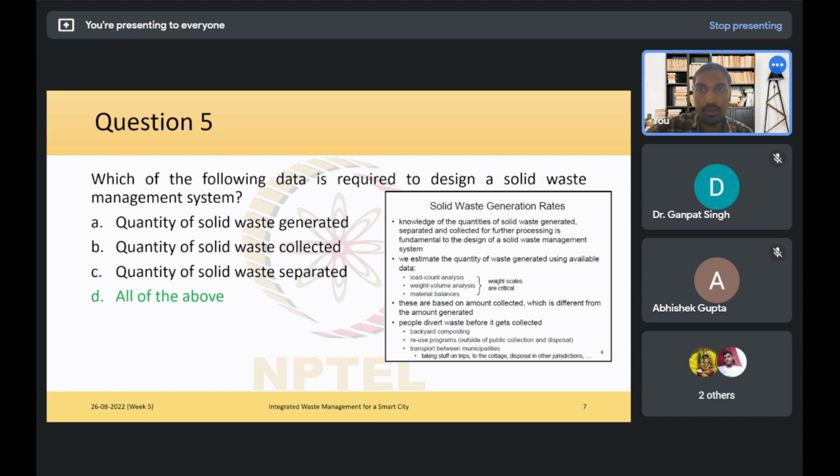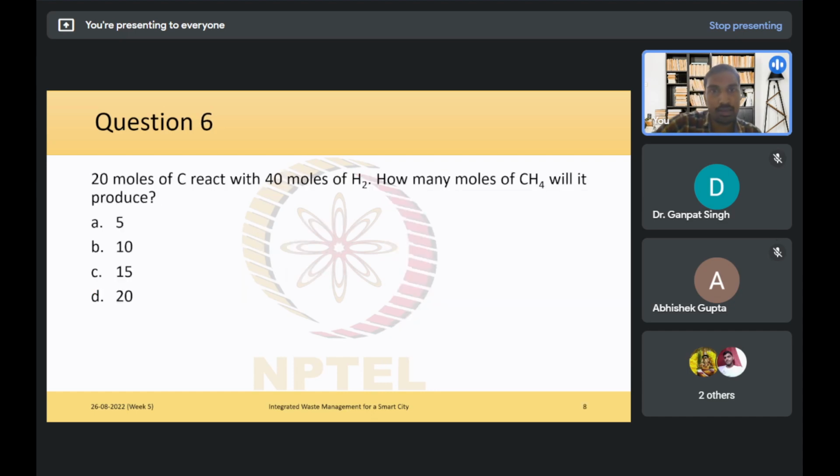All right. Moving on to question number 6, similar to the question that we saw earlier. So, 20 moles of carbon react with 40 moles of hydrogen, H2. How many moles of CH4 will it produce? Options are 5, 10, 15, and 20. I think now you will be able to do this. This is similar to how we did question 2, right?